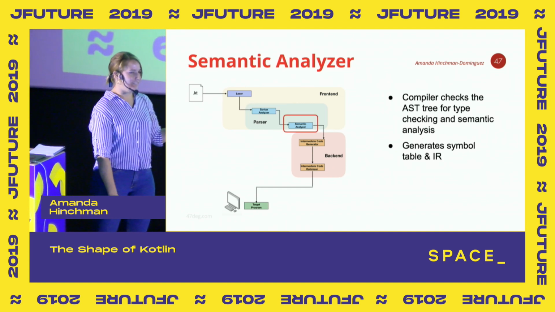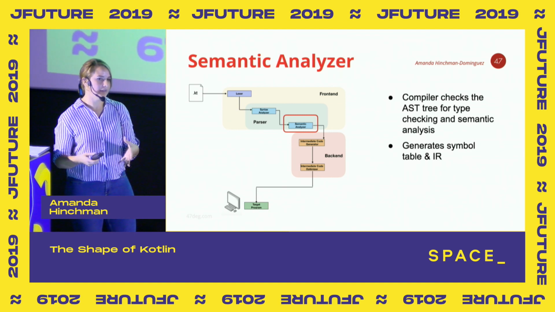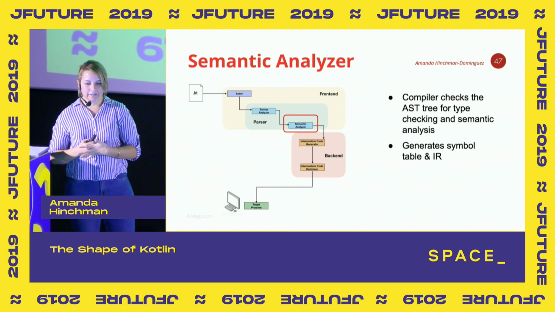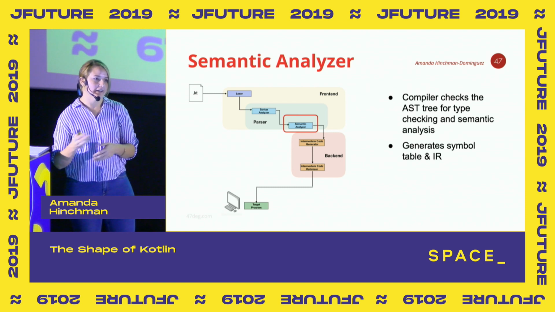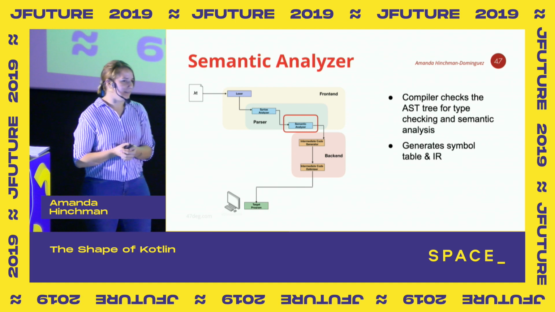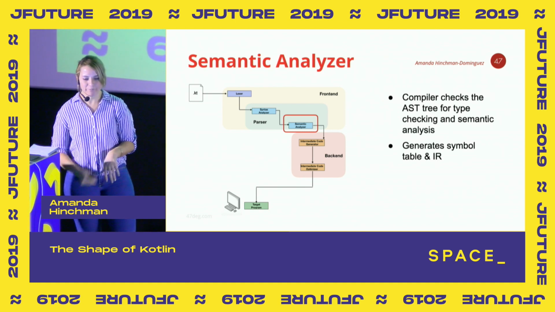Great, so we have our AST tree, and this goes into semantic analysis. This is largely responsible for type checking and other forms of semantic analysis, to verify not only that the language bits you wrote are correct, and that the types you wrote are correct, but that it's also going to compile correctly.